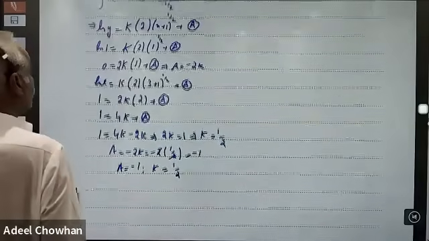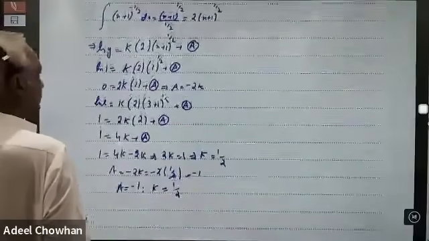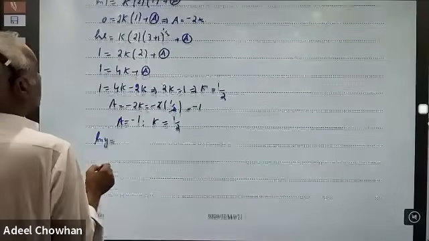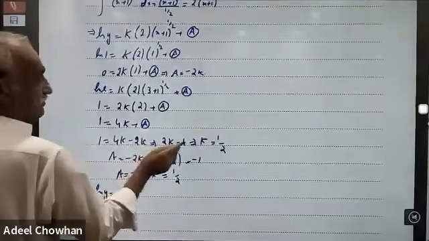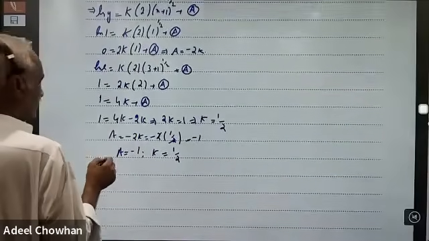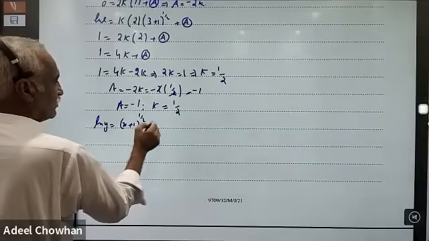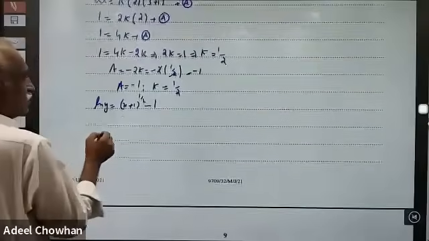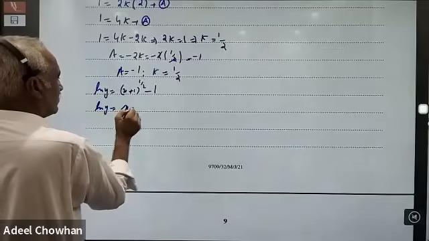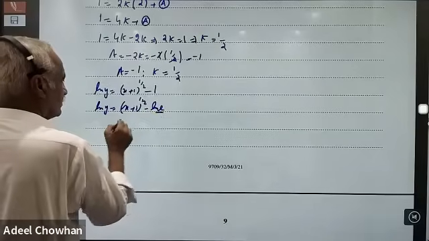So we put this into the main equation: log of y is equal to k value half into 2, that is cancelled out, x plus 1 power half, and A value is minus 1. Now we can combine this: log of y is equal to x plus 1 power half minus log of e, because log of e is equal to 1.